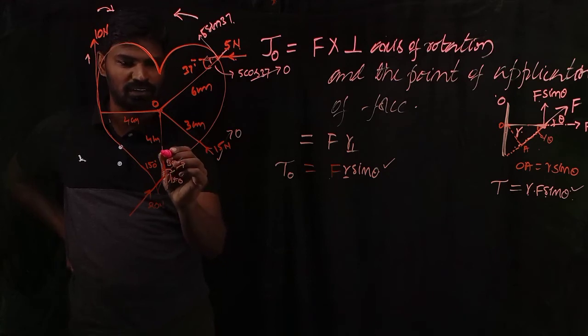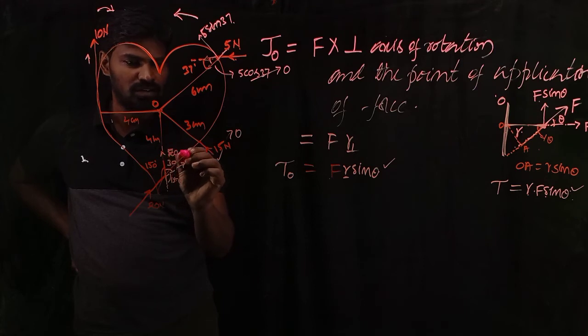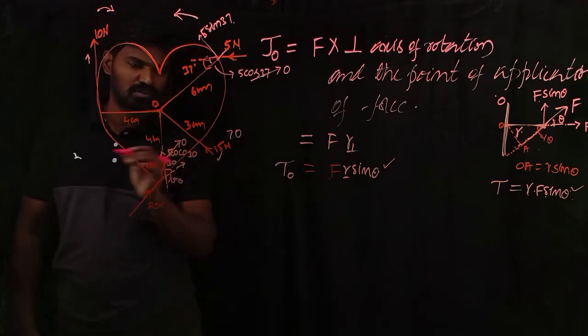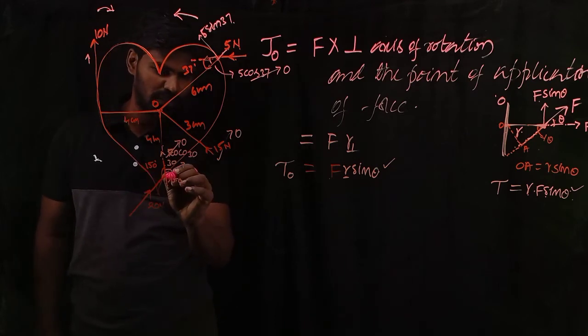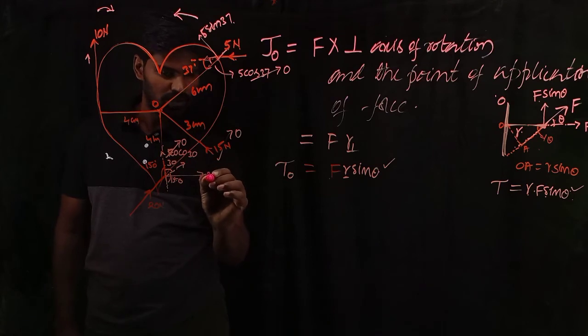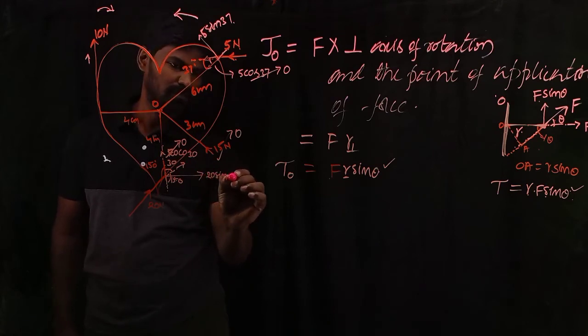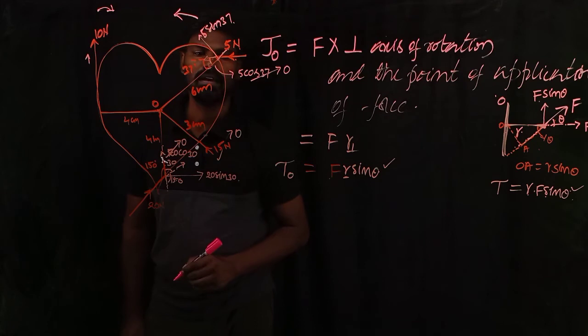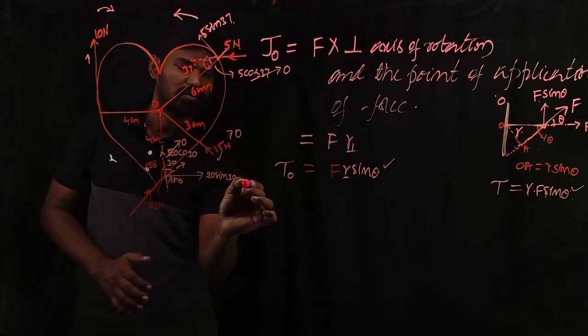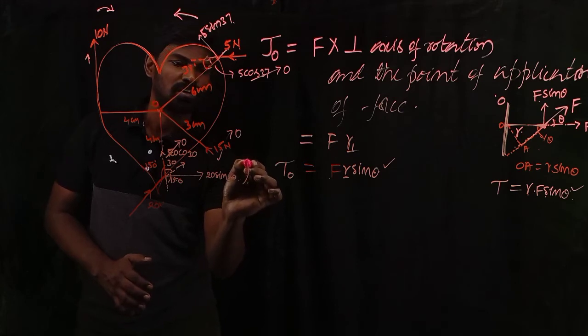So the component of F in this direction is 20 cos 30, which is passing through the axis of rotation, along the line of action, because of which it is 0. The component of this 20 Newton force normal to this position is given by 20 sine 30. Okay, so in which sense is this rotating? In which sense does this force produce torque?